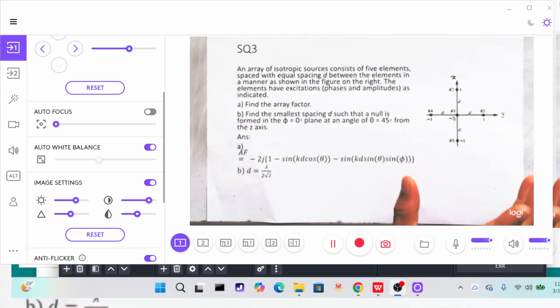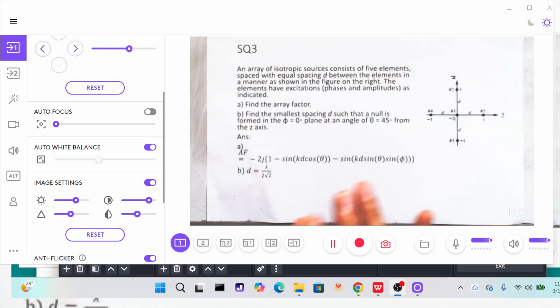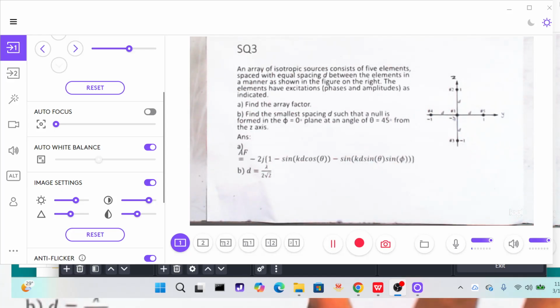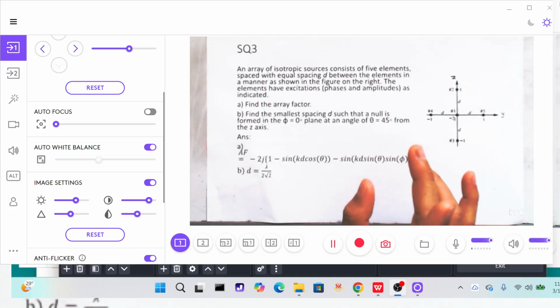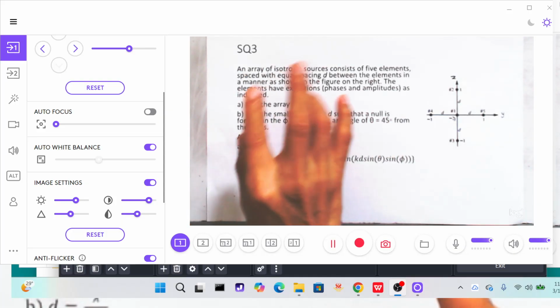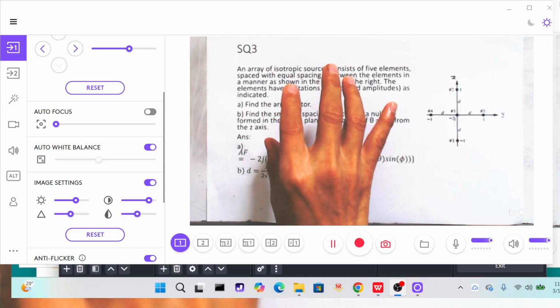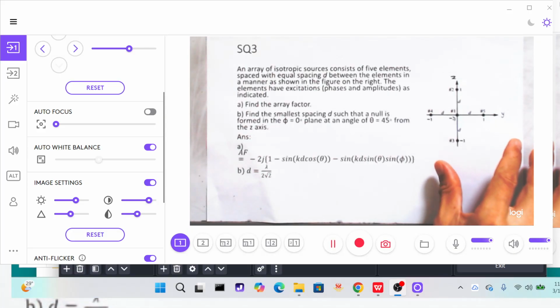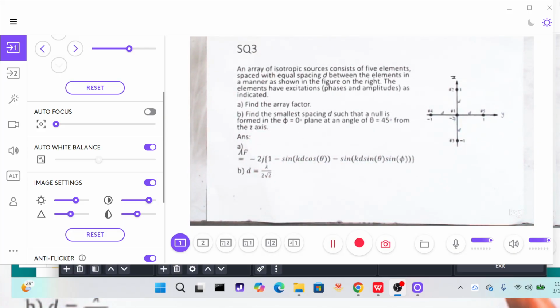There's a formula for the unit vector, and I'm going to write it down without any derivation. If you have any problem with this formula, then you just go back and watch video SQ2. Okay, so let's start now.